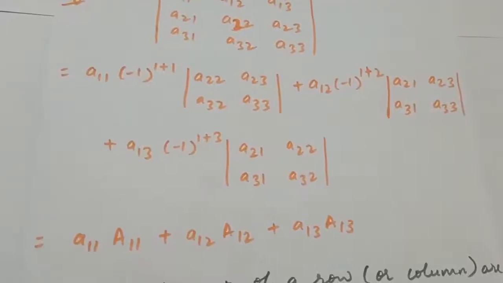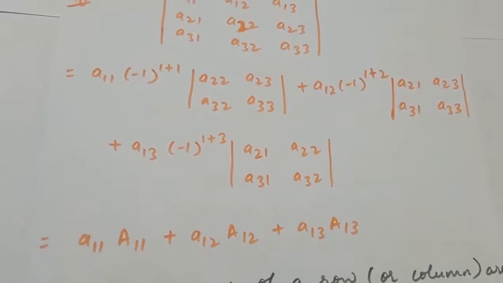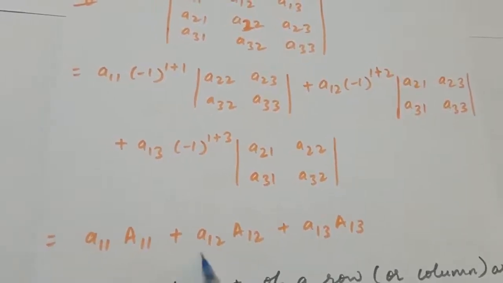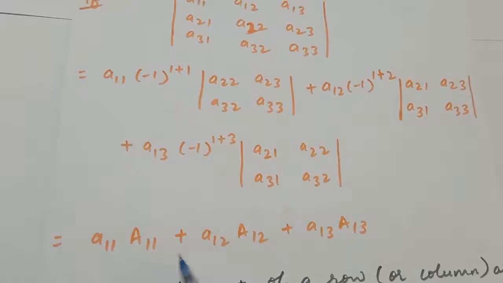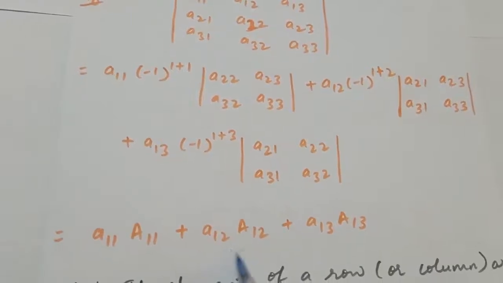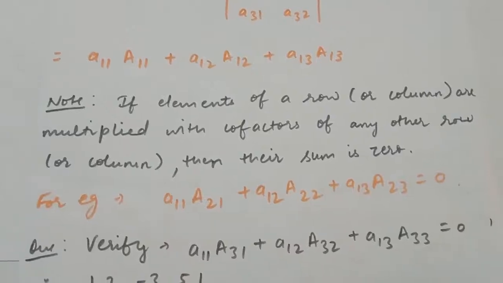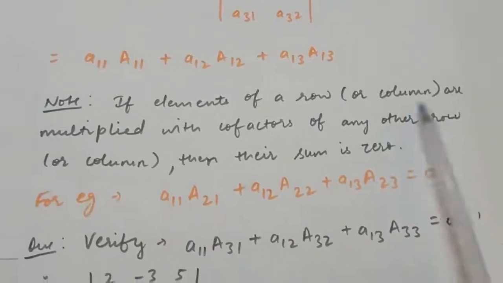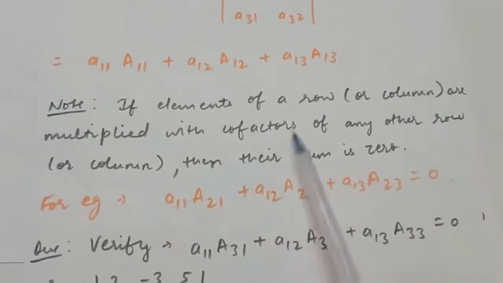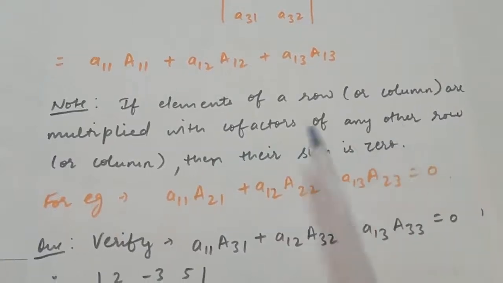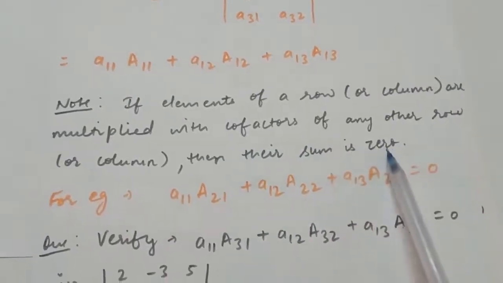So the value of the determinant is the sum of the products of the elements of any row or column with their corresponding cofactors, right? Now there comes a note. If elements of a row or column are multiplied with the cofactors of any other row or column, then their sum is 0.